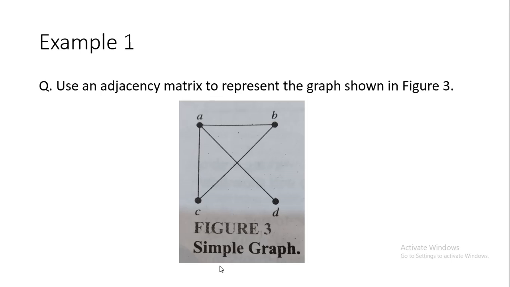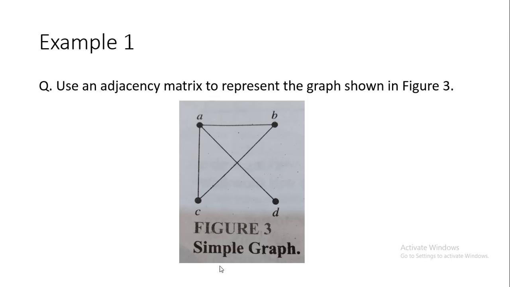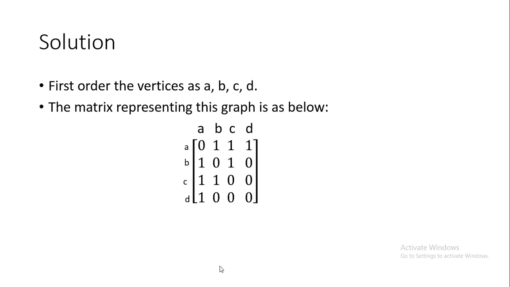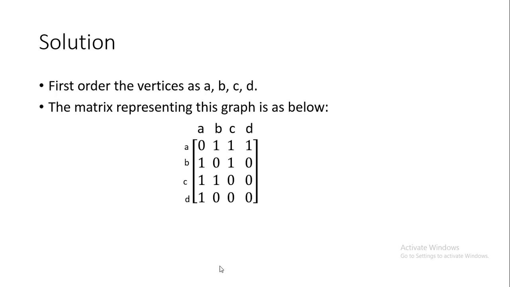That's why in this matrix from B to A the value is also 1. From B to B, second row, second column, the value is 0 because there is no loop at vertex B. B to C, second row, third column, the value is 1. From B to C, is there an edge present? Yes. B to D, there is no edge between B and D, that's why the value is 0, obviously.